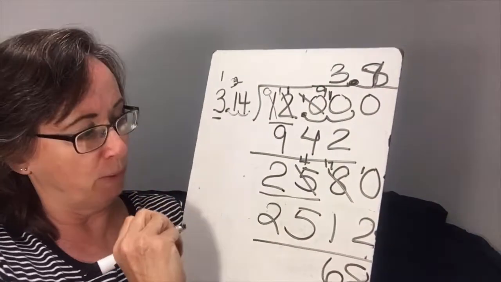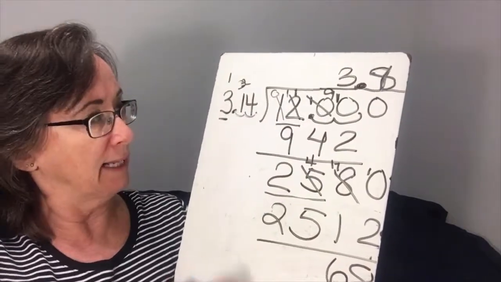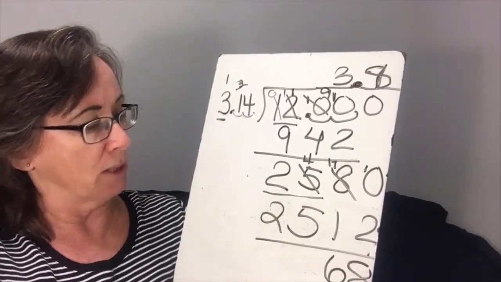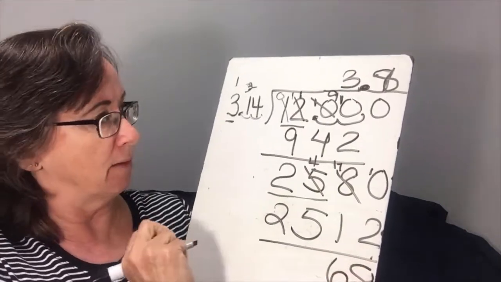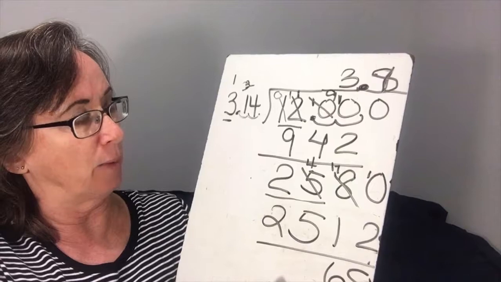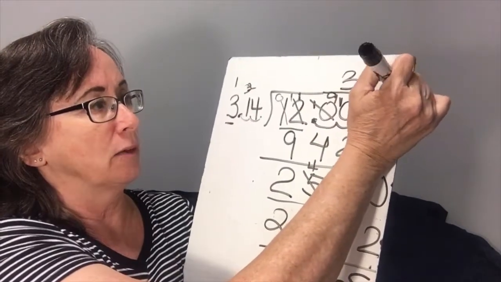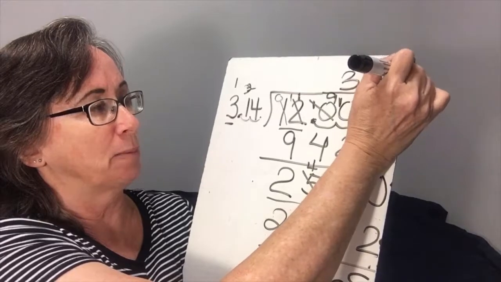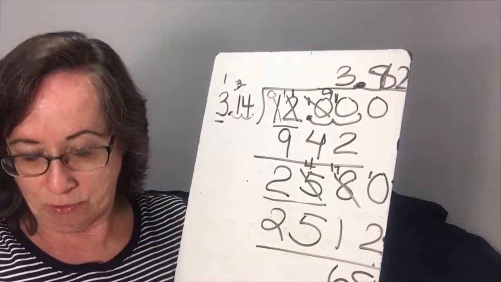Okay, so 3.8, and we can carry it out one more. Let's do that. Let's carry it one more time. So we're going to put one more 0 there, and that's going to definitely go in there twice. So it'll be 3.82. And I didn't leave enough on my board to show all the work, but 3.82 is your answer.